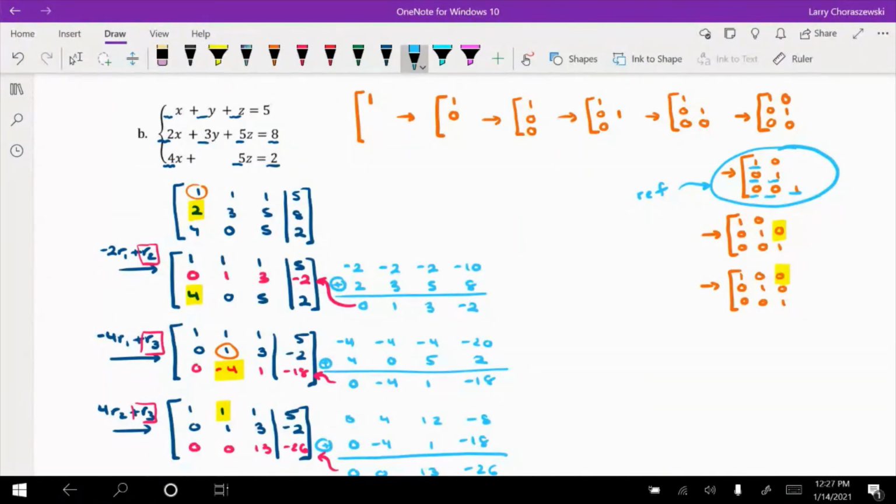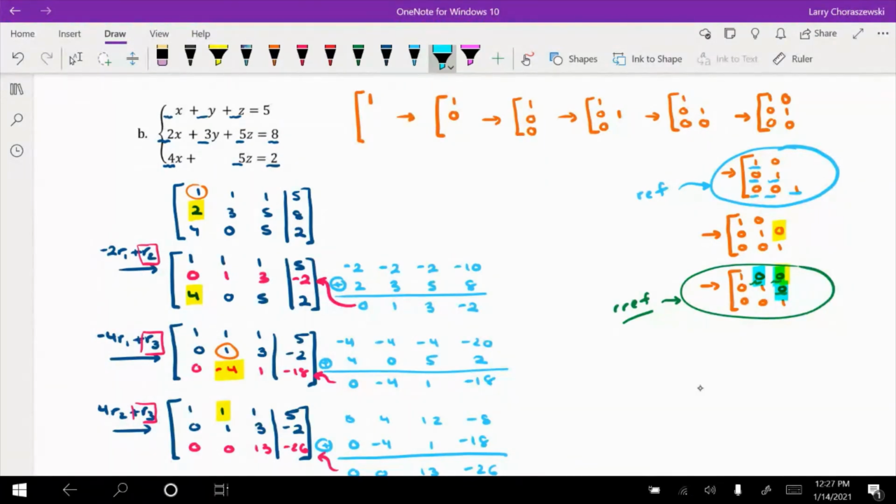And once we reach the point where we have the zeros above the leading ones, that's when we have fully put a matrix through the RREF format. So every time you start out with a matrix and you arrive at RREF format, there will be a point within your work that the matrix is in REF format. So going from REF to RREF just requires a few more additional steps, and that would be to get the zeros above each of the leading ones.